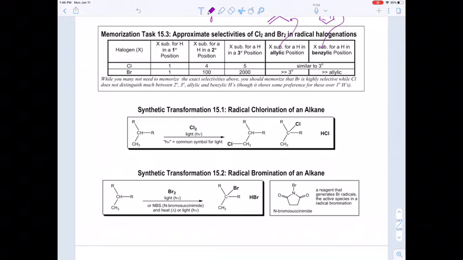You can do this with bromine and light, but NBS down here, N-bromosuccinimide, is a common reagent for this. So this is something I want you to memorize. You need to know what NBS is. Okay, so make note of that. That's something that you need to commit to memory.